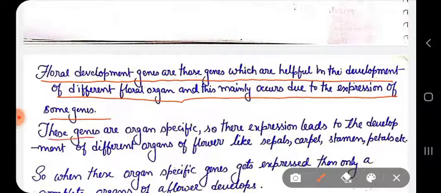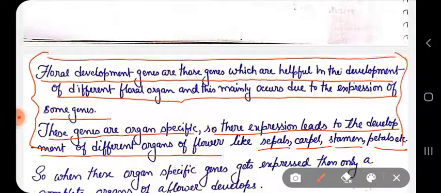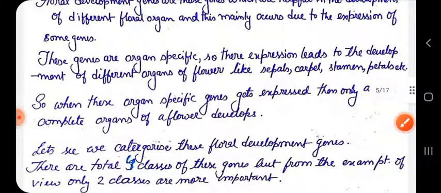These genes are organ specific, and they interact with one another for the development of different floral organs.